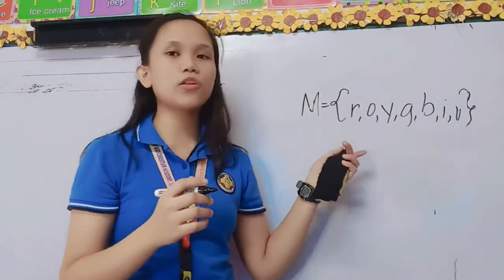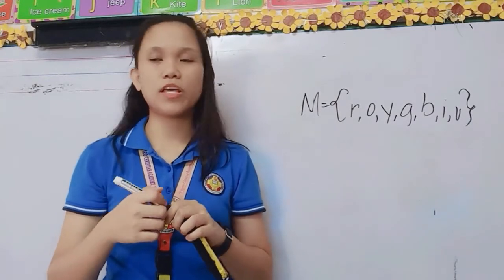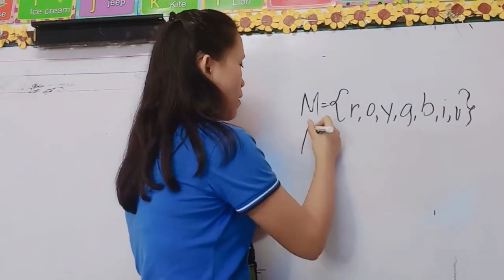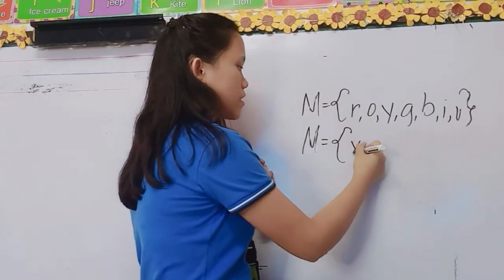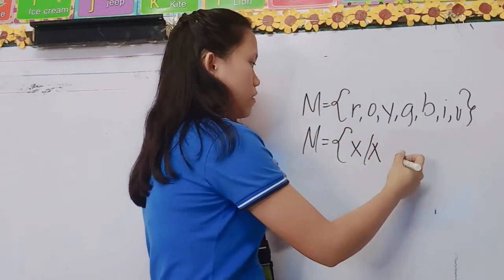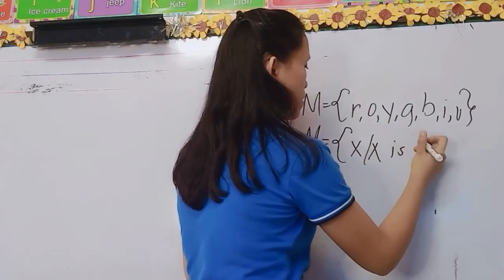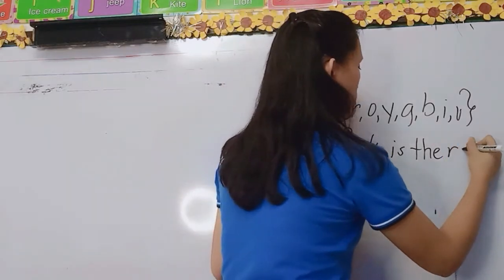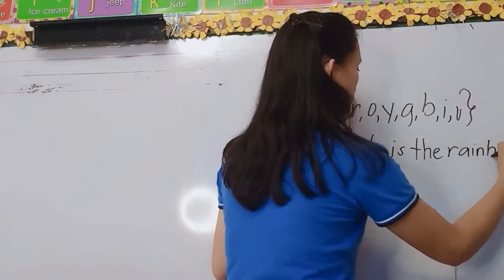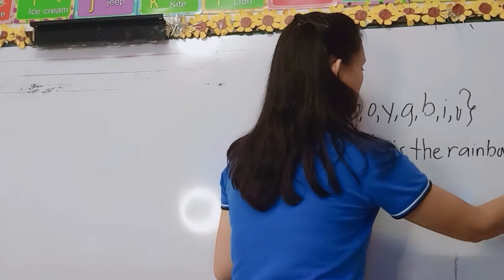How are we going to write this in set builder notation? Set M is equal to, open and close braces, X such that X is the rainbow colors.